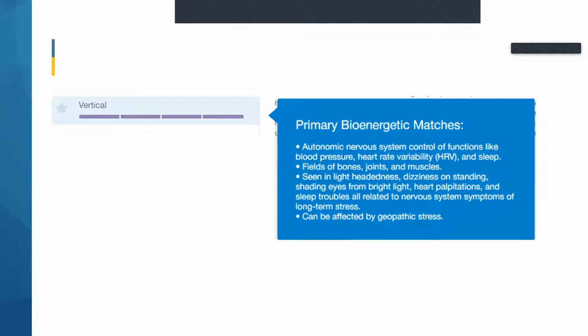Okay, heart palpitations, sleep troubles, which relate to symptoms of long-term stress, can also be affected by geopathic stress. So then it could be that we do a deeper dive into a home environment or a work environment. Okay, not actually addressing that at this point, I was looking at those to see where those patterns are and what I can identify for the client of what's going on in her energy fields.